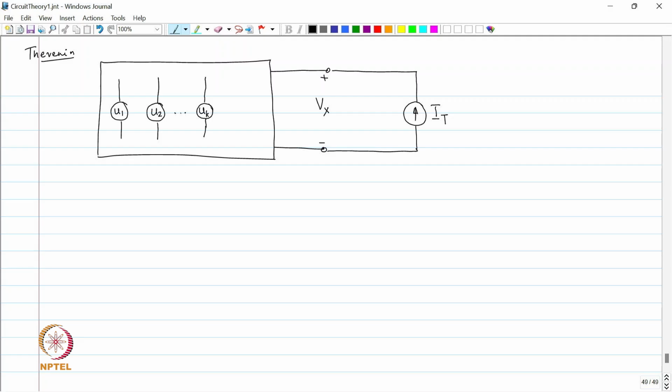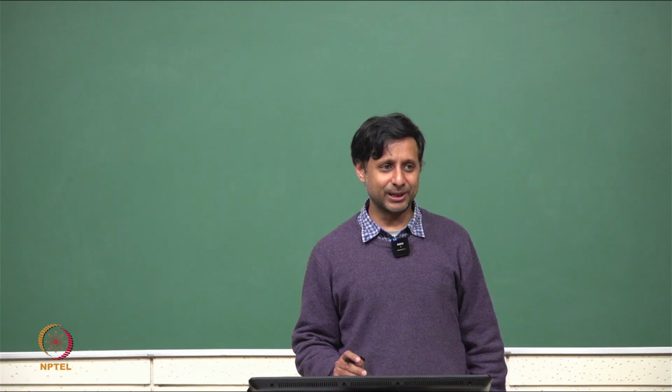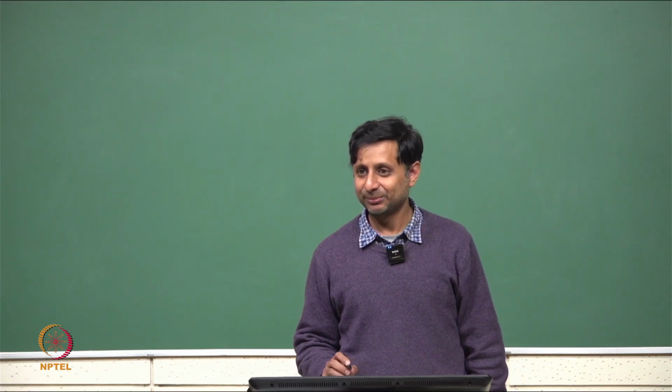Now, to work out what is V x, we are going to use your favorite method, mesh method, node method. What is your favorite? Mesh is your favorite. Okay. We will use node method. Okay. We will not use your favorite one. We will use node method, because node method works happily with current sources.